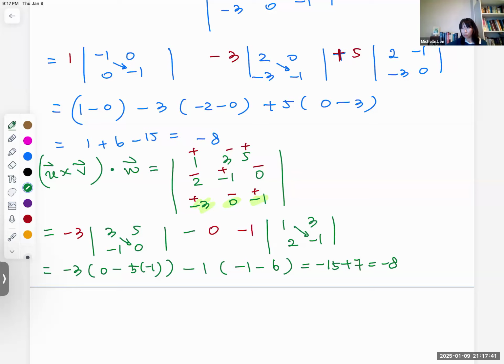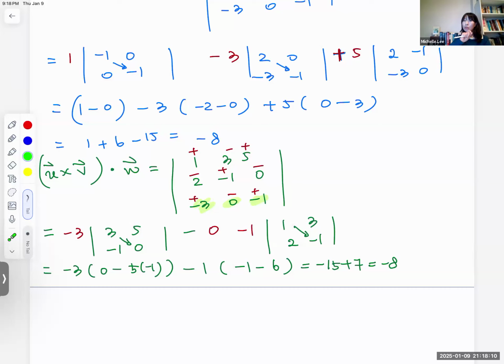Okay, then can we see this is negative 8? Also, this is negative 8. We get the same answer, right? But we knew that cross product is not commutative, right?